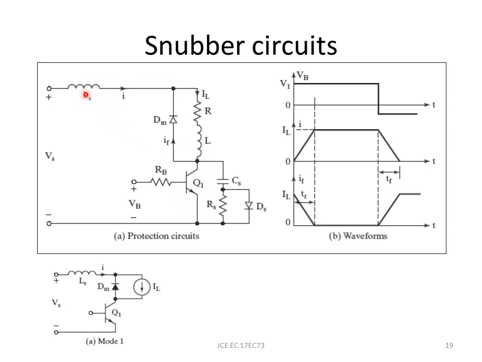How does it do this? We know an inductor opposes any change of current through it by developing a voltage across it. So how does the voltage develop across Ls? VL is equal to L into di by dt. If di by dt is more, more voltage is developed. If di by dt is less, less voltage is developed.